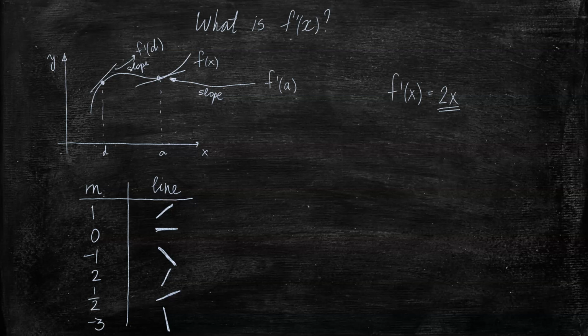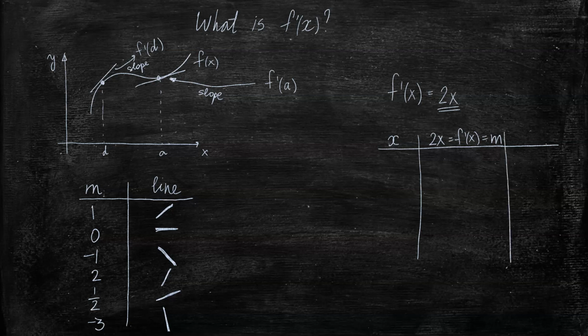That means if we take some x value, then we'll be able to compute 2x, which is the derivative of the function, which happens to be the slope of the function at that point.